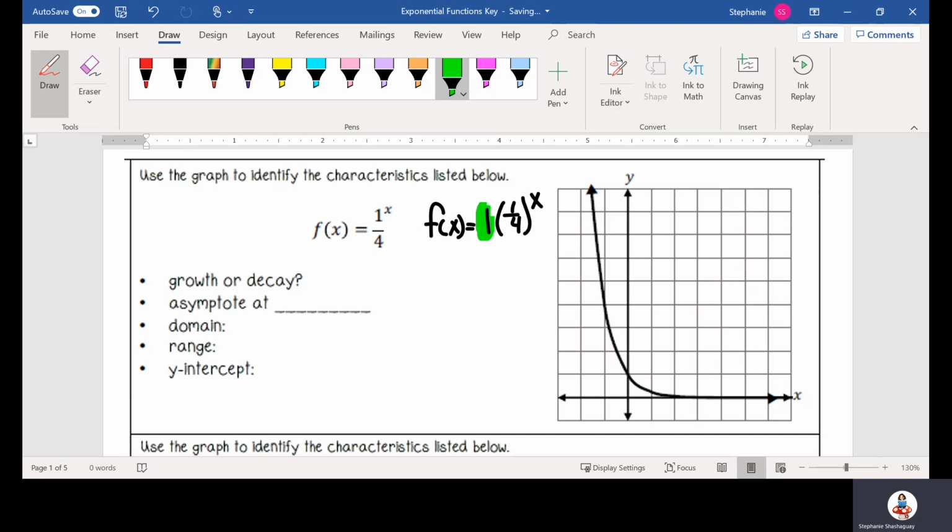And again, this 1 is telling me my y-intercept. And you can see here that my y-intercept is 1. So I can go ahead and fill that in right away. My ratio is 1/4.